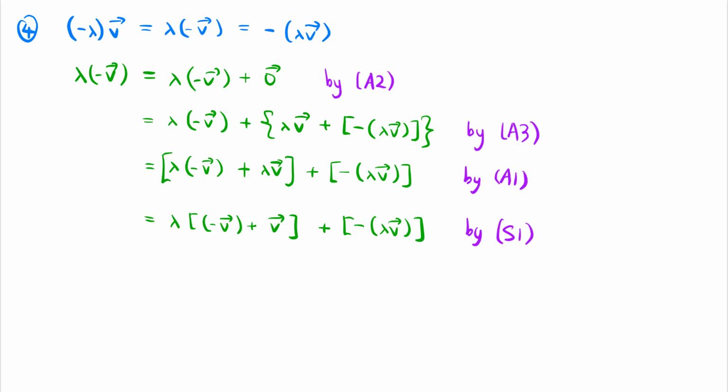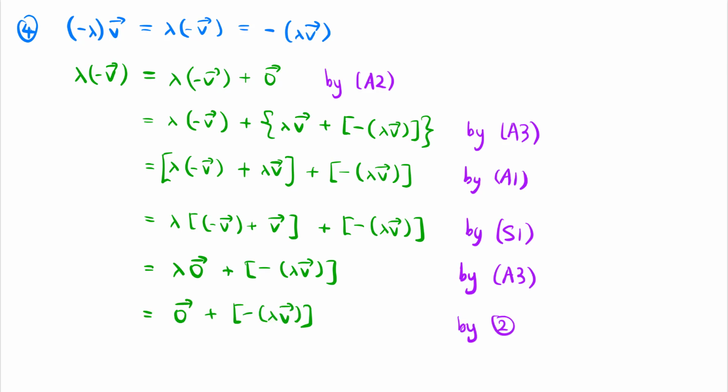This equals lambda times (negative v plus v) plus negative of lambda times v using S1. This equals lambda times the zero vector plus negative of lambda times v using A3. This equals 0 plus negative of lambda times v using the second point. This is equal to negative of lambda times v by A2.